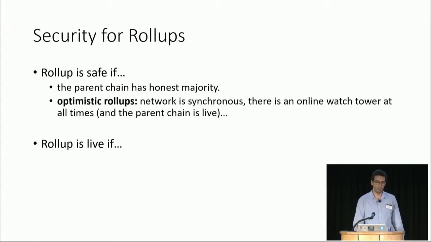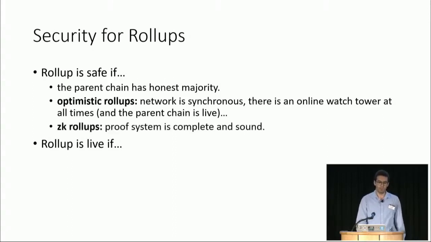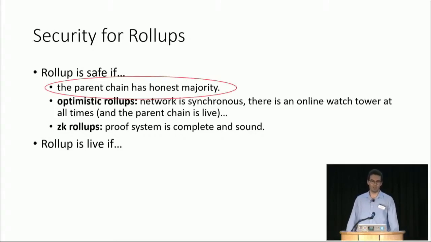For instance, in optimistic rollups, there is the assumption of network synchrony, the existential honesty assumption on an online watchtower, sometimes the parent chain's liveness, if it's an enshrined rollup, and so on. And in ZK rollups, of course, the proof system should be complete and sound. But in this talk, I would like to basically get rid of the trust assumption on the parent chain. So this is the assumption we'll be targeting here.